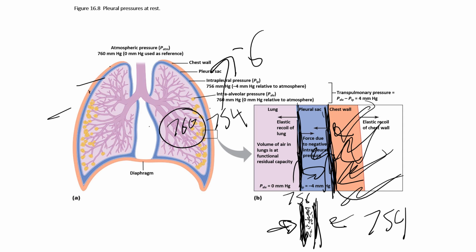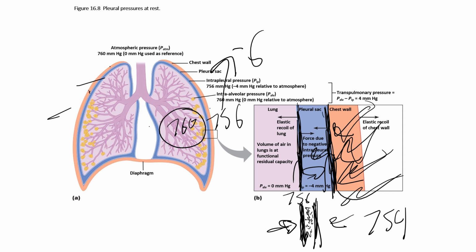Then when we begin the process of exhaling, the chest wall falls down and inward, pushing the parietal and visceral pleura closer together, decreasing the volume of the pleural cavity, driving up intrapleural pressure to 756. Now what is transpulmonary pressure?